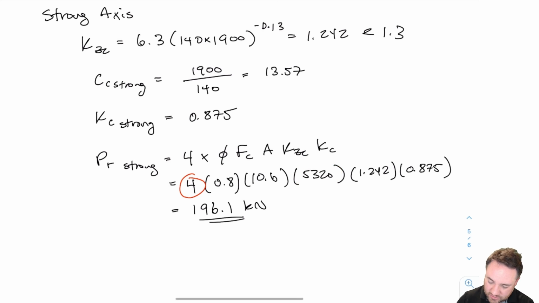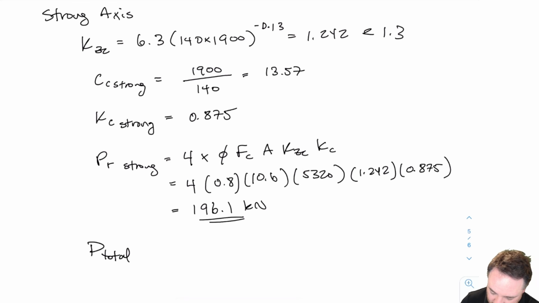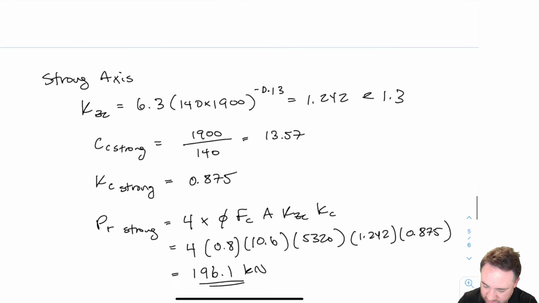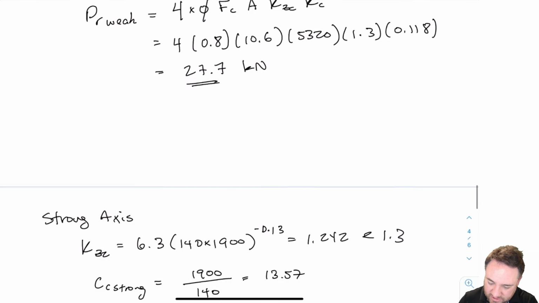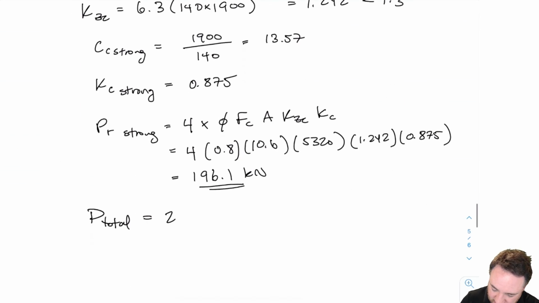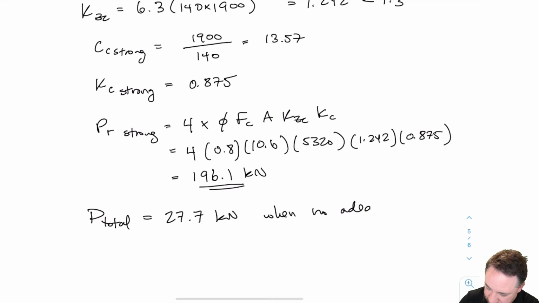So these two equations end up being identical, and so I get the same strong axis buckling strength whether I consider the section to be built up or not, which we know to be the case. But the P total is now going to be the lower of the strong axis and the weak axis buckling, which is obviously the weak axis buckling in this case, which is 27.7 kilonewtons when no adequate built-up column connection.